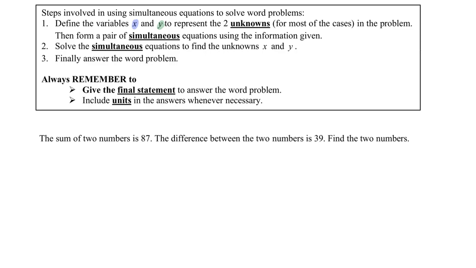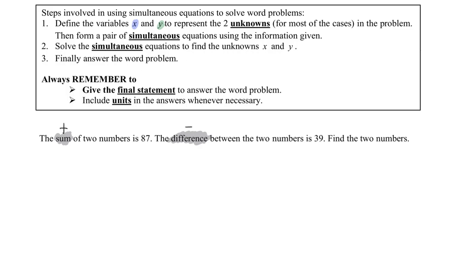So in this case here, we have the sum of two numbers is 87. So that is the first piece of information here, sum. Sum means plus. We also are given another piece of information. The difference between the two numbers is 39.